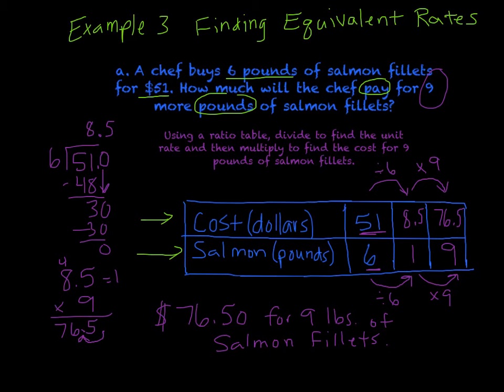Those are equivalent ratios, and we're just using it to model a rate at this point. So you can always check, is 51 to 6 equivalent to 8.5 to 1? You can check that using fractions, and it will work out and they will be equivalent. So just remember that we're just building upon what we've learned.